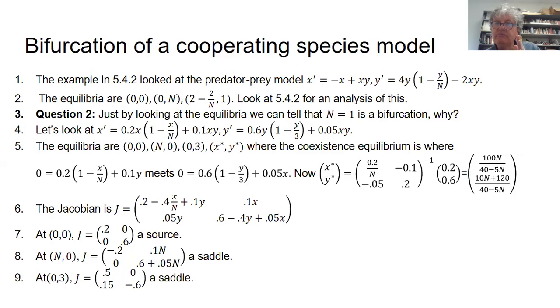At the 1 species equilibrium, we get triangular matrices, and again, the eigenvalues are going to be on the diagonal, and in both cases, we get a positive eigenvalue and a negative eigenvalue. Right, so in one direction, where we're just looking at the species by itself, it's going to be stable.